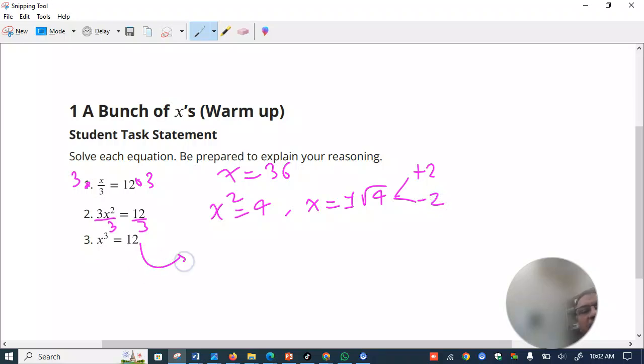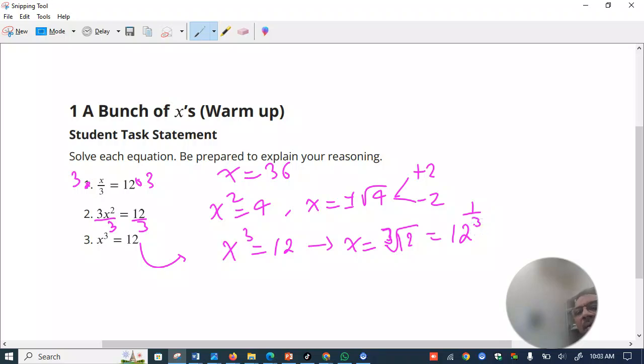The third one is x cubed is 12. So that means by the definition of radical, x has to be the cube root of 12, which is also the same as writing 12 raised to 1/3.